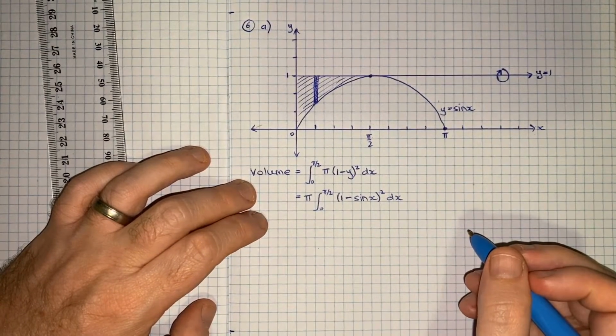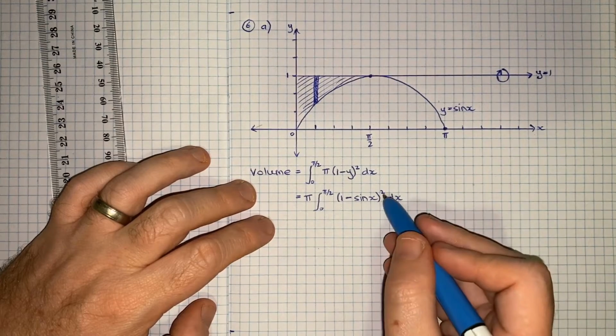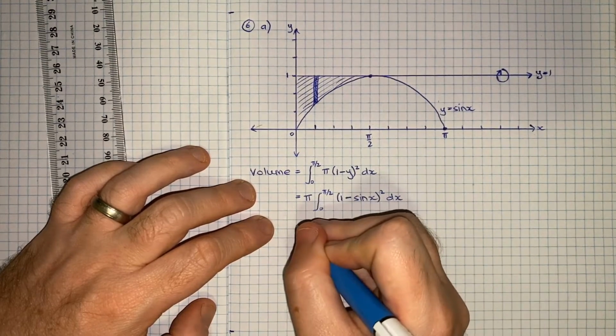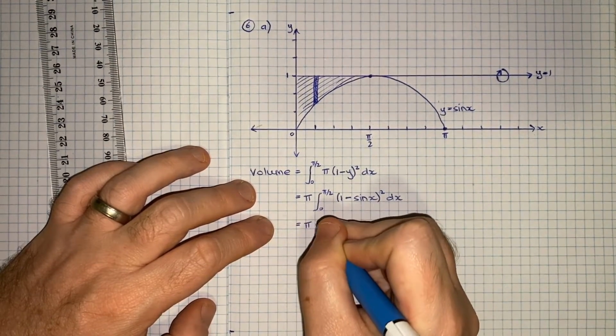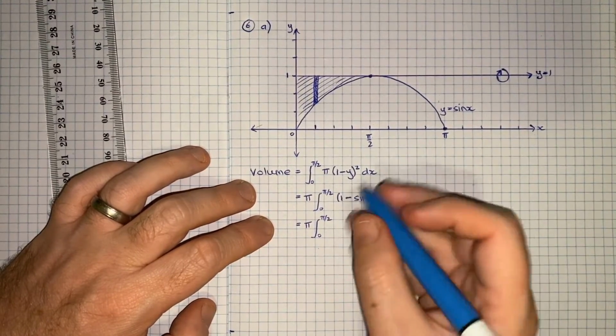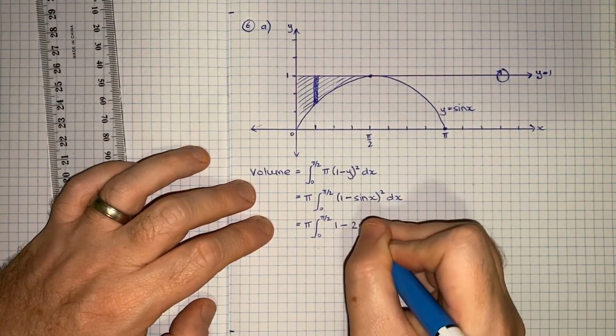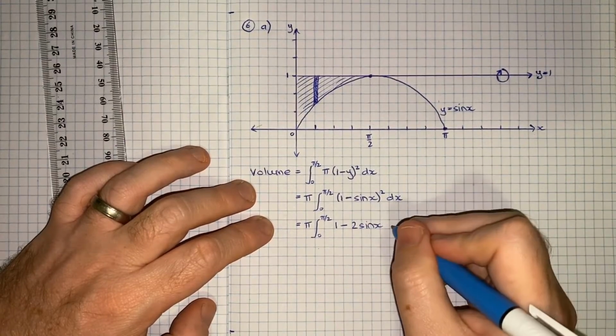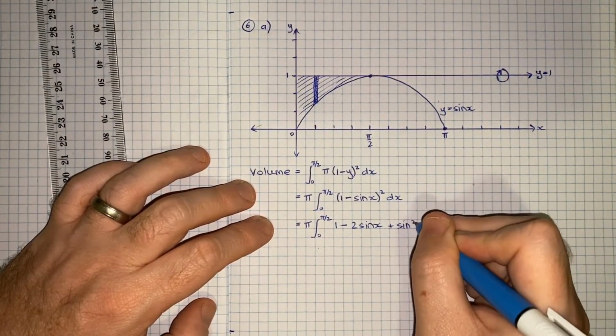And here I might just expand this, so we'll get pi times the integral from 0 to pi on 2 of the first one squared minus twice the product plus the last one squared.